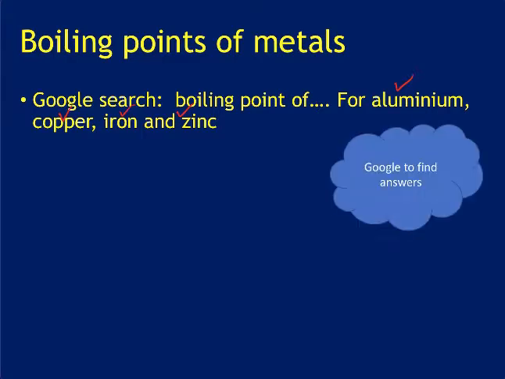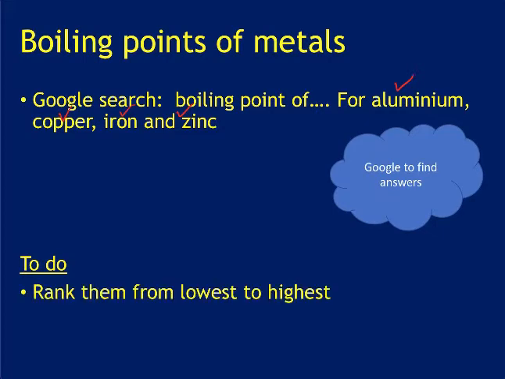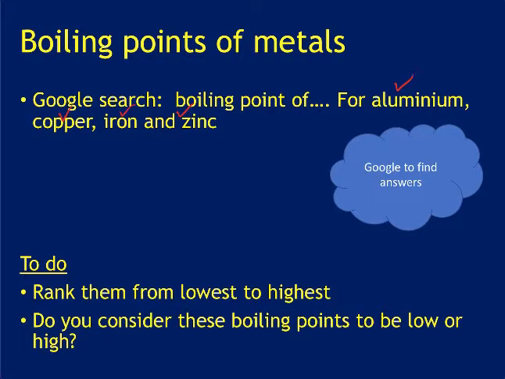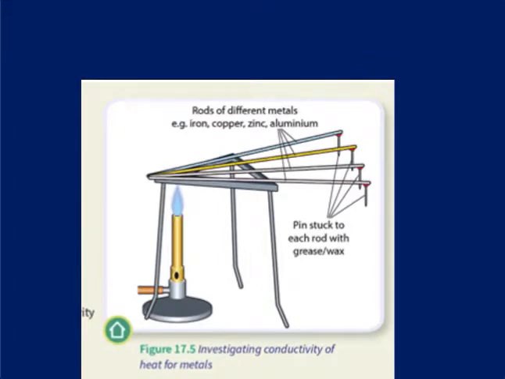And you are then going to rank them from the lowest boiling point to the highest. So you make a list, and I want you to think, do you consider these boiling points to be low or high? So they're going to be one or the other. You can decide. You might know more once we get to the end of this.